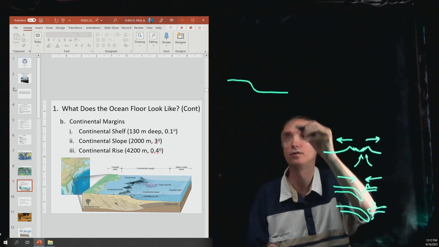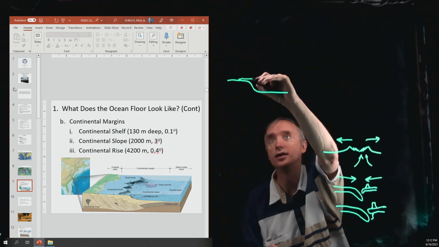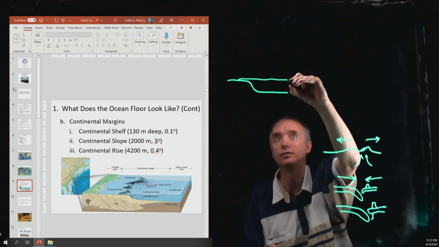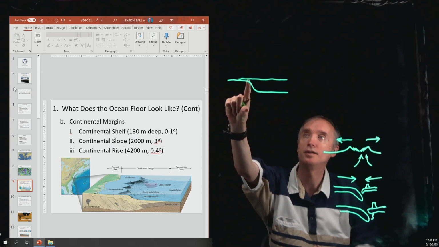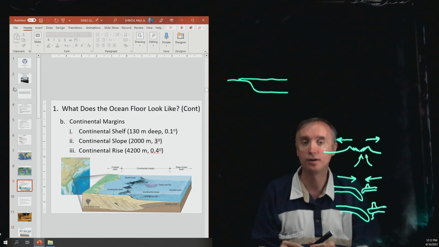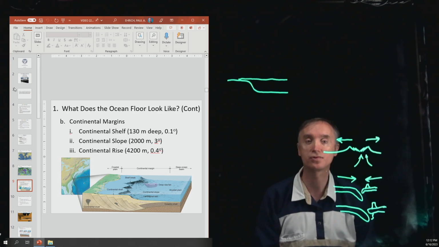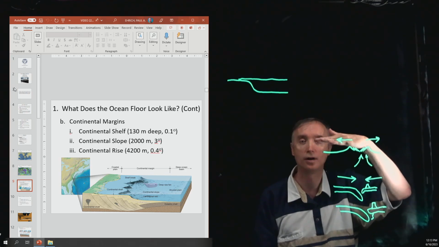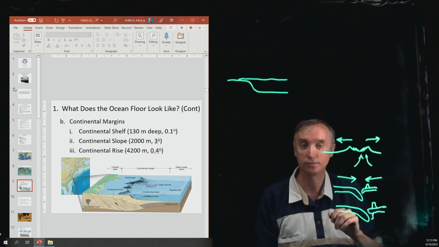The continental shelf is underwater, okay, so let's say that right here is where the level of the ocean is located. So right here, this would be the continental shelf, and notice it's very shallow. It's only 130 meters deep, and also notice it's extremely flat. So the slope of the continental shelf is only 0.1 degrees, and so that's very small.